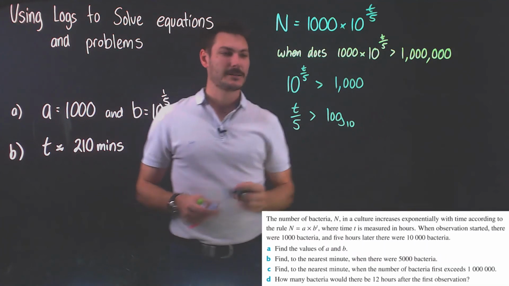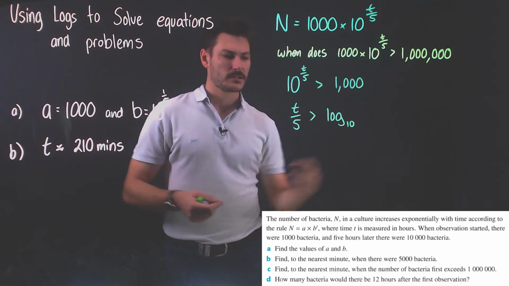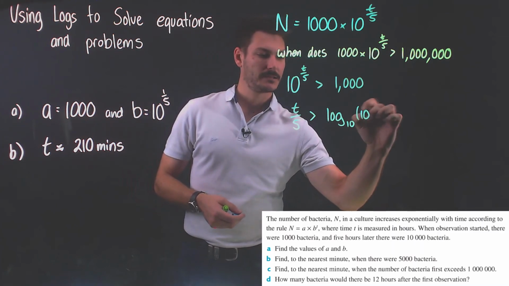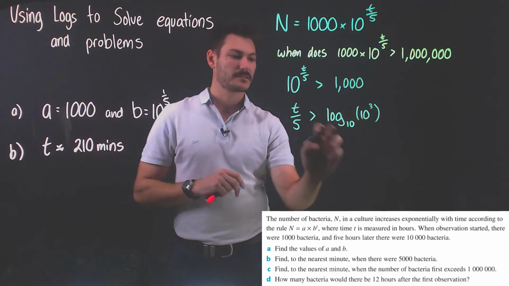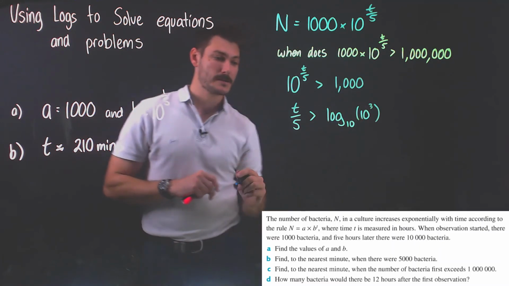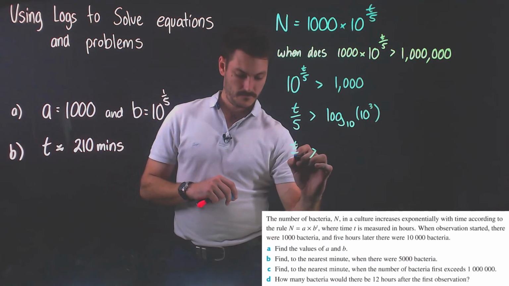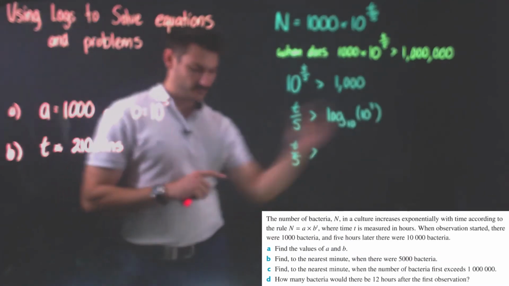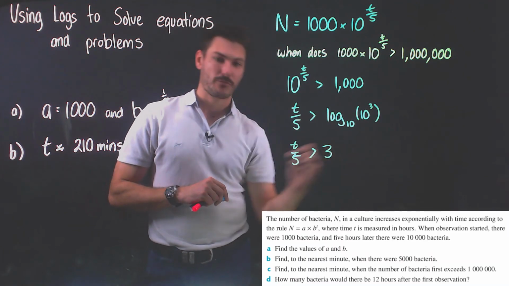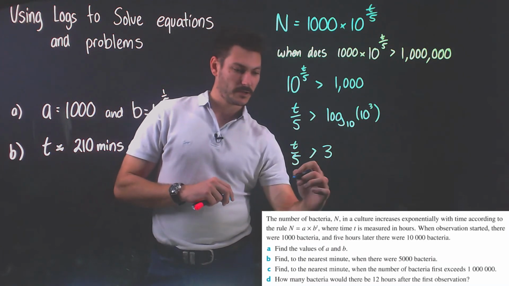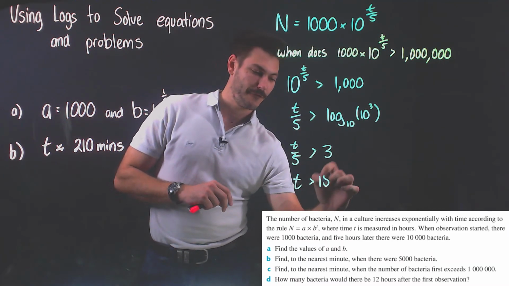But here's the thing, 1,000 is just 10 cubed, right? So I'm going to write in here 10 to the power of 3. Log base 10 of 1,000 is log base 10 of 10 to the 3. And so on this right-hand side, log base 10 of 10 is going to cancel, and I just get 3. Now if I multiply across by 5, I'm going to get t must be greater than 15.